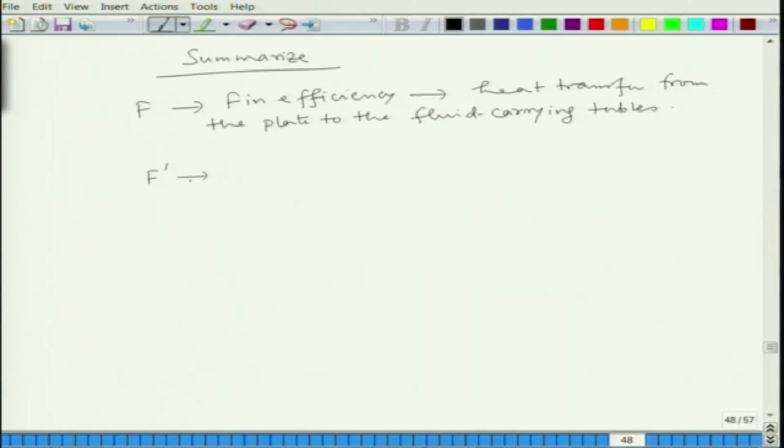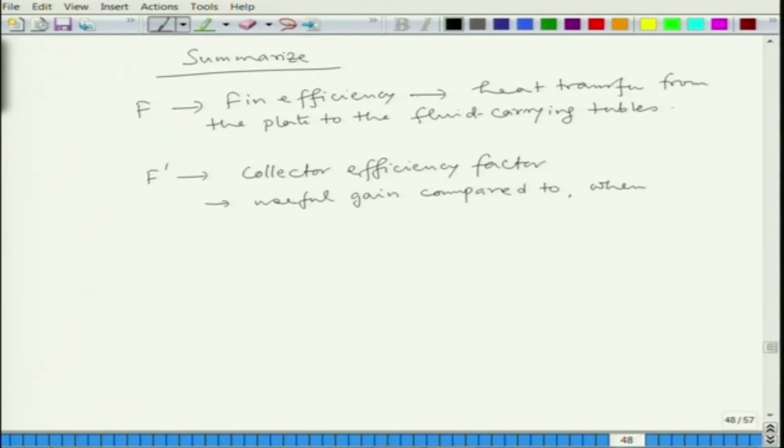Now, next one was the collector efficiency factor, which is designated as F prime. Now, what does it do? It relates useful heat gain compared to the case when the absorber is at local fluid temperature.